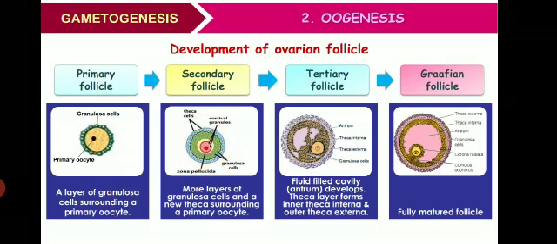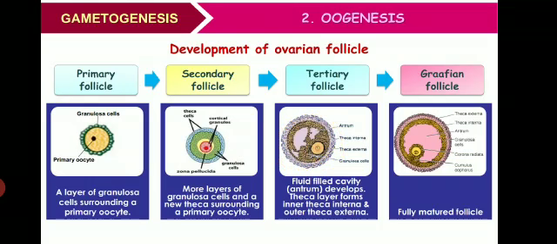Here, primary follicle means one layer of granulosa cells, secondary follicle means two layers. A tertiary follicle means many layers of granulosa cells develop, and inside this follicle a fluid filled cavity develops. That cavity is called the antrum.